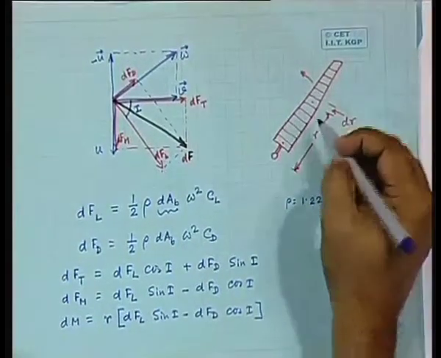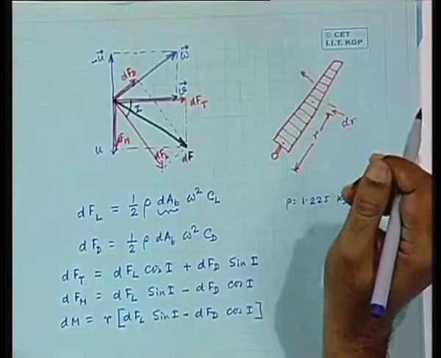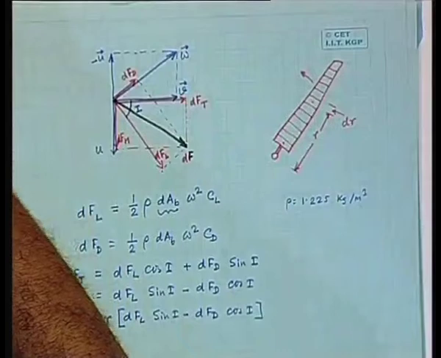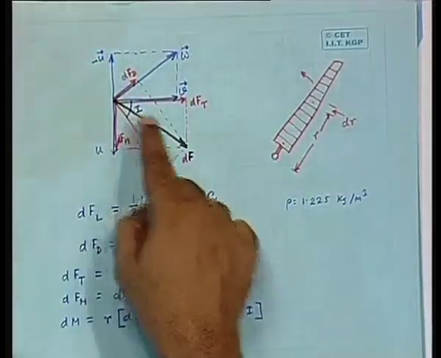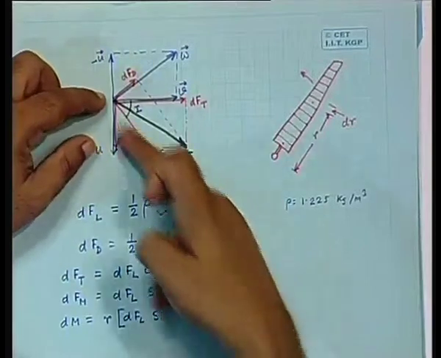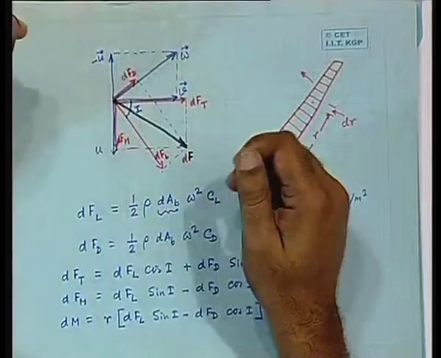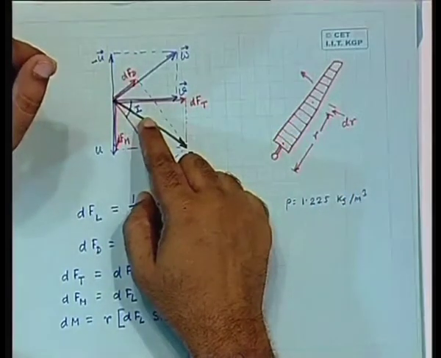It is clear that for each blade element, the angle of attack will be different. In what sense? The capital I that you have drawn here is the angle between the lift force and the wind velocity. This is not the angle of attack though. Why?